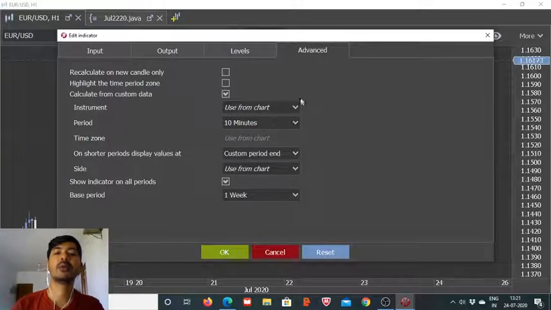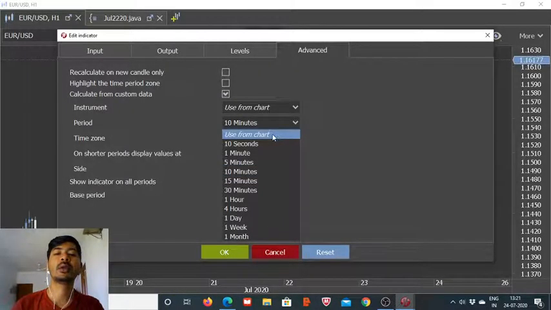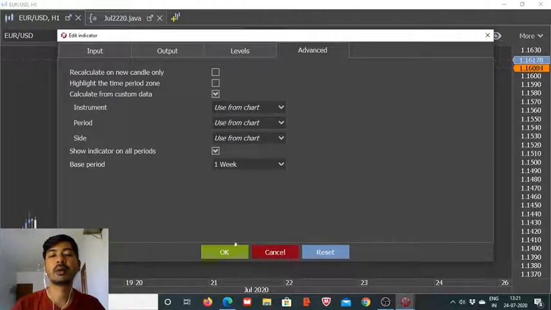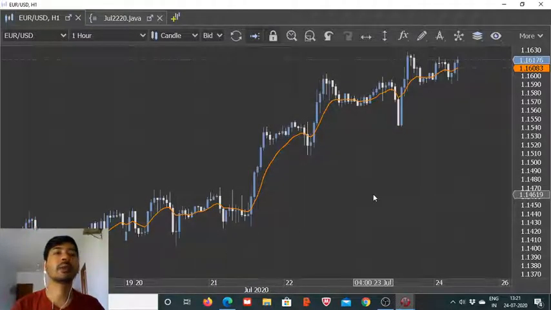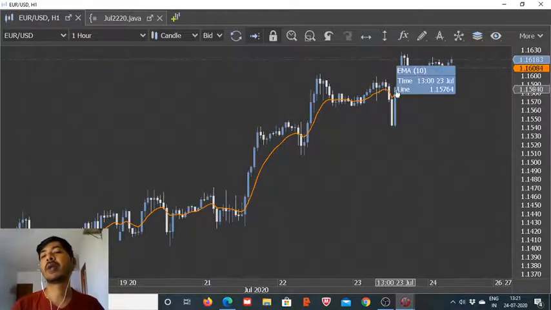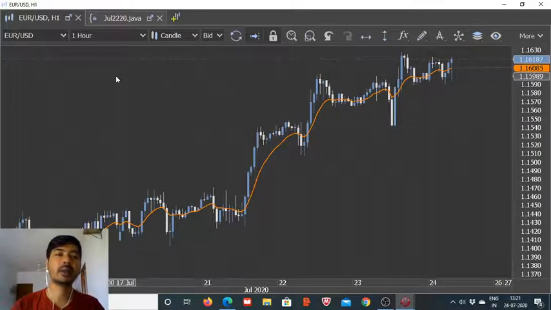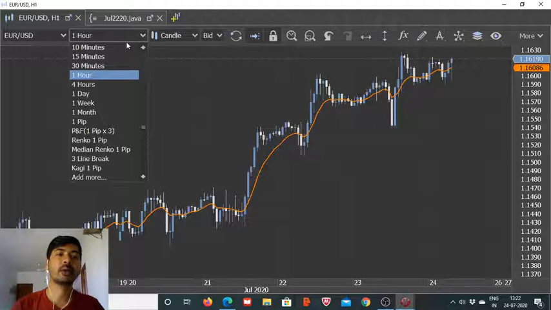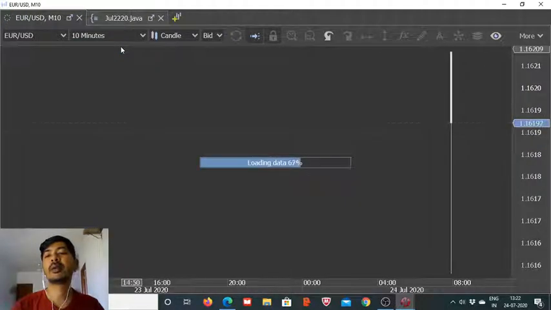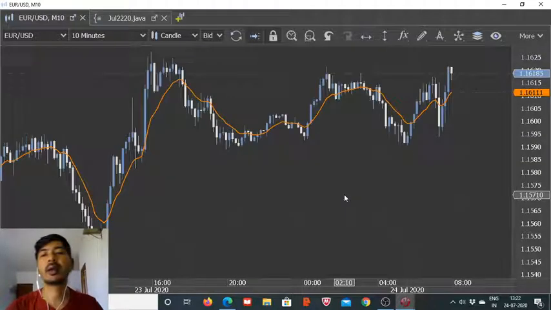Okay, we get this use from chart option. Whatever the time frame of the chart is, it will be calculated accordingly. Now as we are talking about 10 minutes, we go to the 10 minutes part, and here it is taking a bit of time.